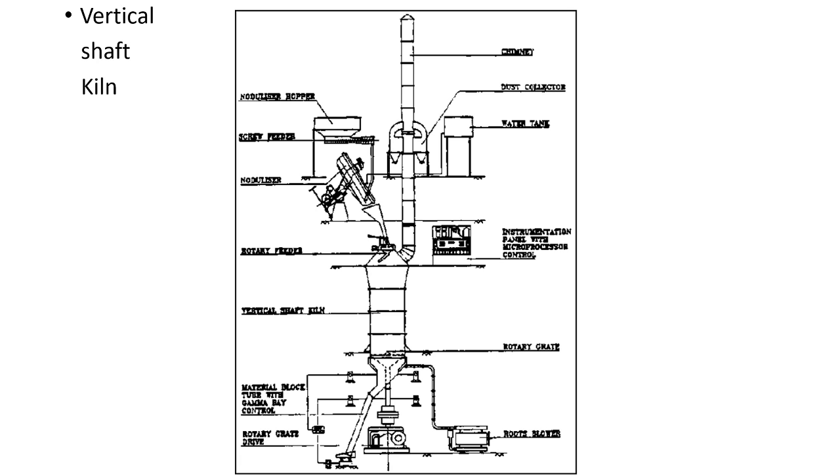So this is a modern vertical shaft kiln in which the nodules are converted into clinker. That is the main process. It consists of a cylindrical shell, which I just showed, with the conical portion at the top, which is lined with refractory bricks.